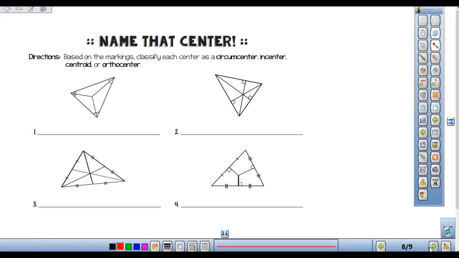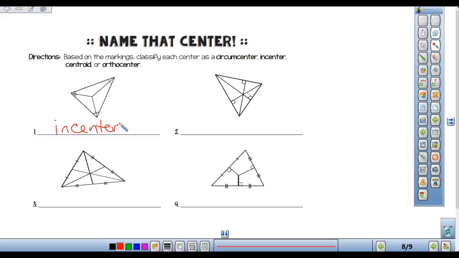Okay, and then let's look at some centers. We've got to name that center. What do I have here? If my angles are congruent, I have the angle bisectors, and angle bisectors intersect to form the in-center. In number 2, now here's the deal.